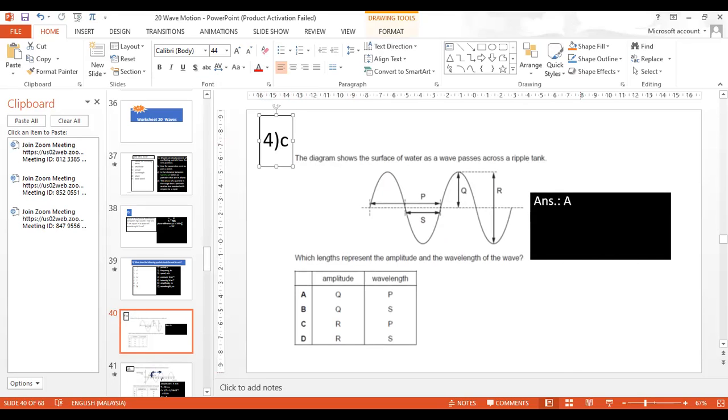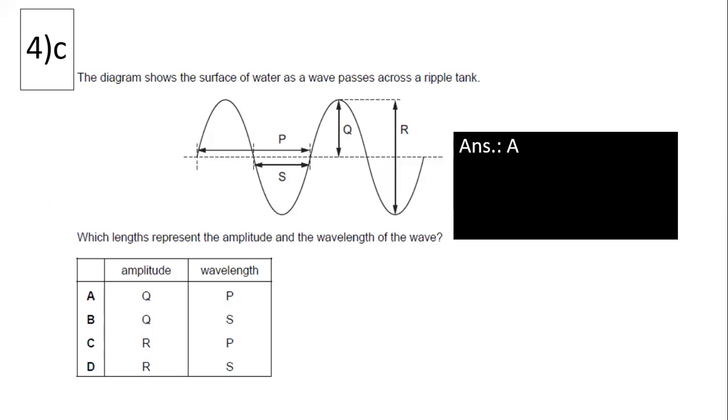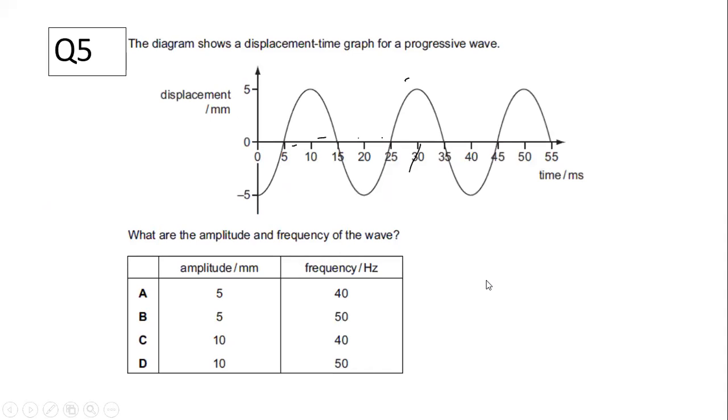Okay, for C, the answer is A. That's the amplitude. D is the wavelength. The diagram shows the displacement-time graph for a progressive wave. What's the amplitude and the frequency? Amplitude is 5 millimeter.